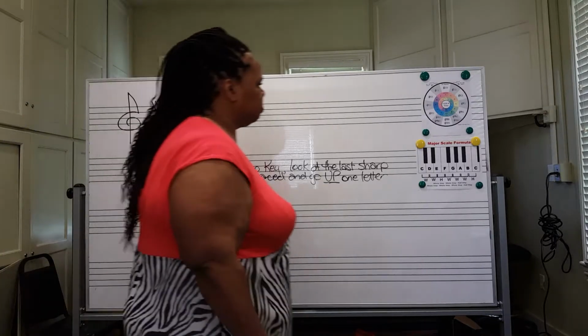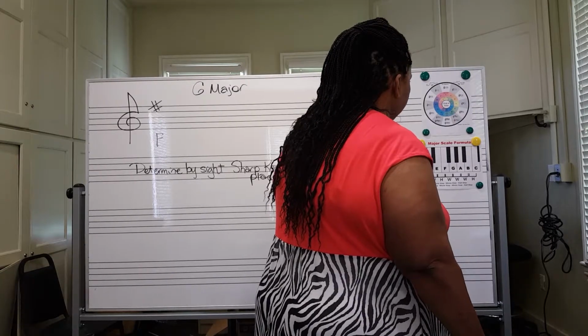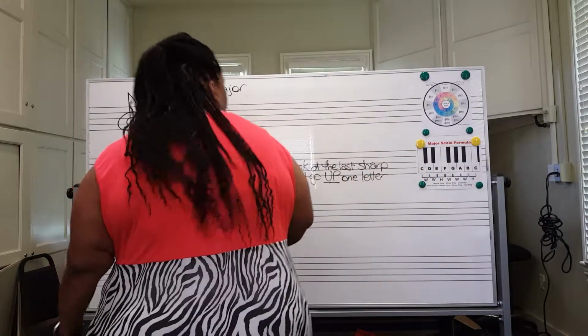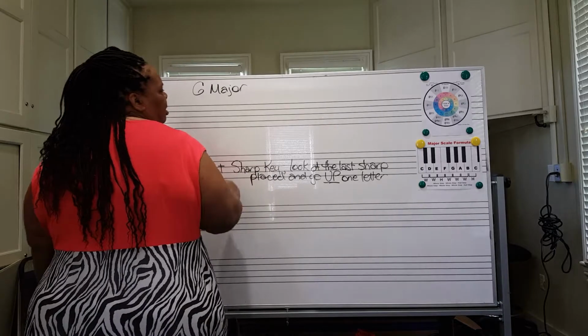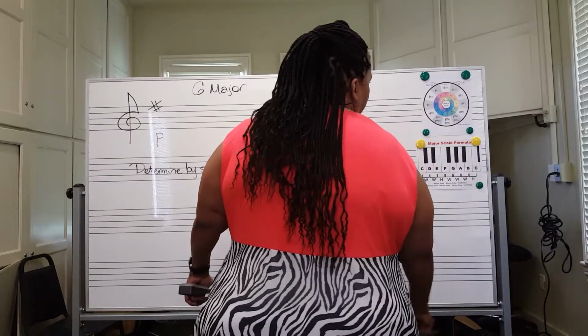All right? So let's pick out a key. Oh, let's pick out A. So we know that the sharps on A, you notice where the sharps are?